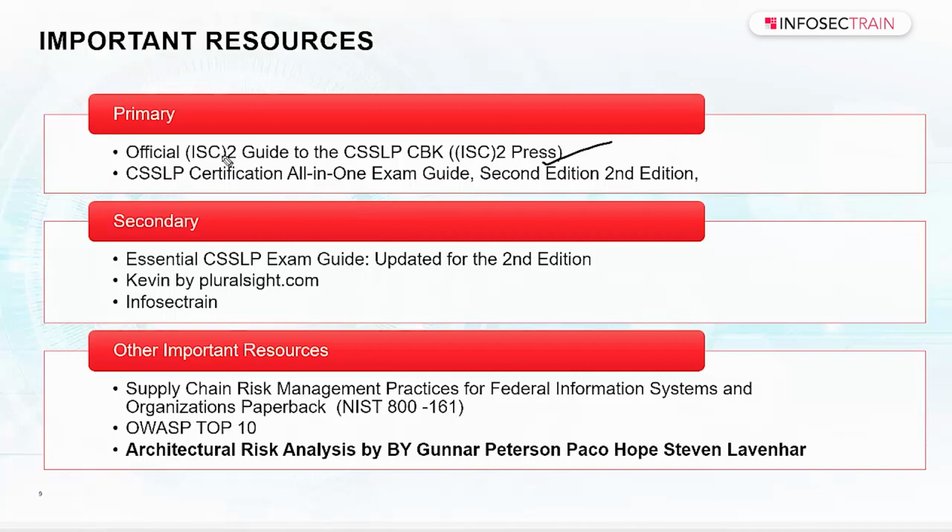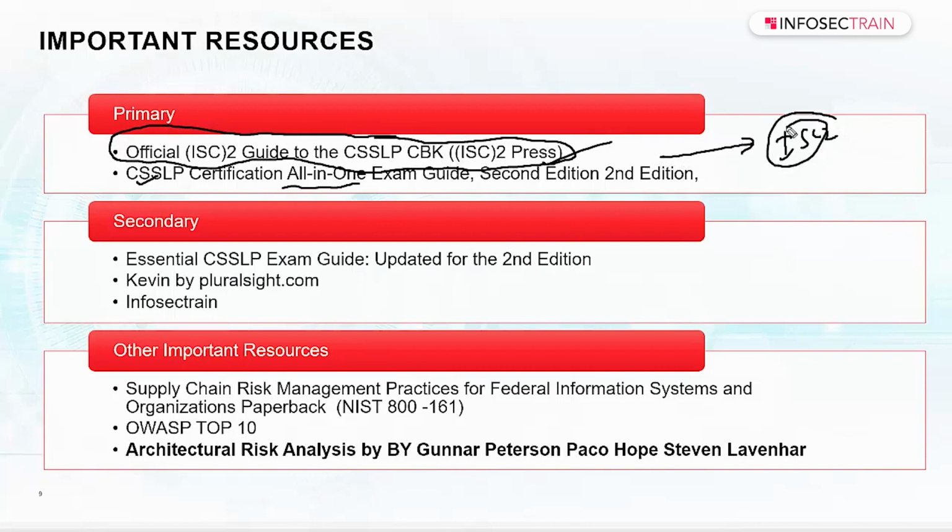That will be your primary book, and the secondary book will be the all-in-one. For those who don't have a security background, CSSLP is the primary or first certification in ISC Square. I highly recommend reviewing the all-in-one. It is my suggestion that you can skip domain 8 from the 2nd edition. It will definitely create a lot of confusion, but whatever else is covered in this book, use it as a primary book.